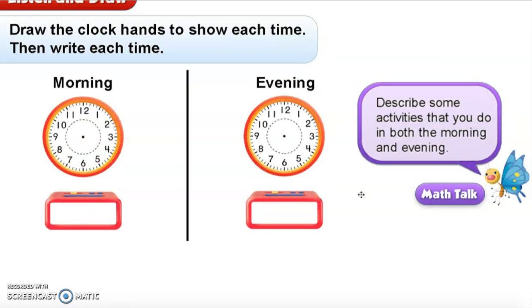So what I want you to do for this part right now is just think for a couple seconds about one or two things that you do in the morning and one or two things that you do in the evening. I'll give you about 10 to 15 seconds to brainstorm some ideas on what are some things that you might do in the morning and in the evening.